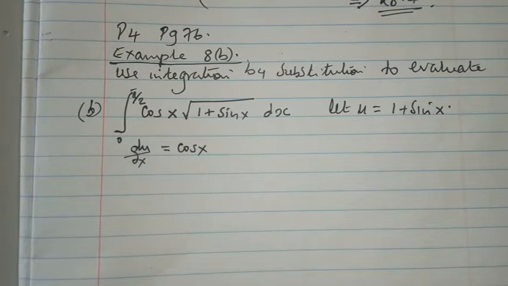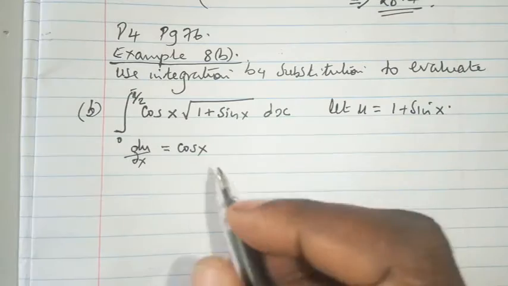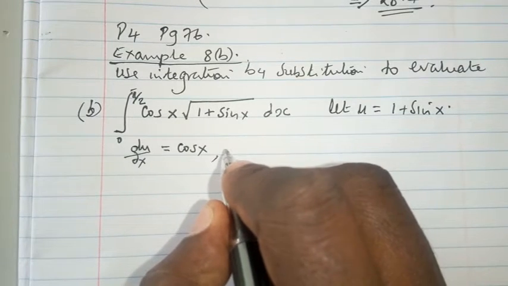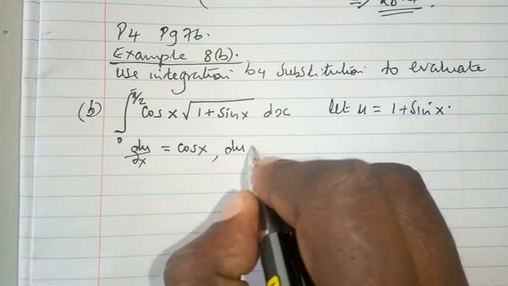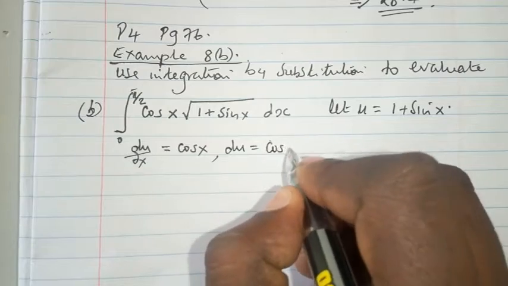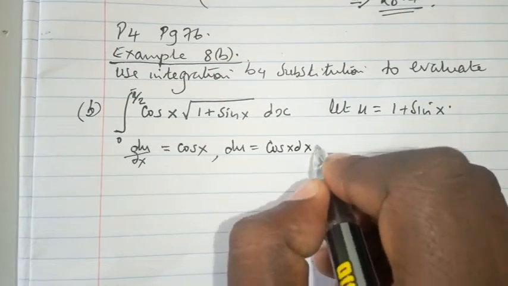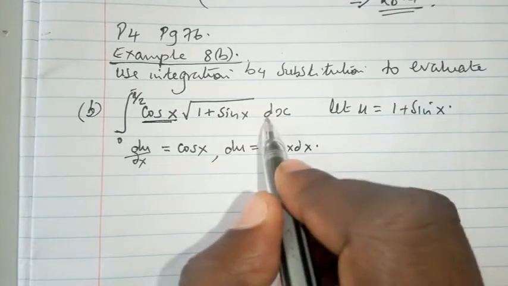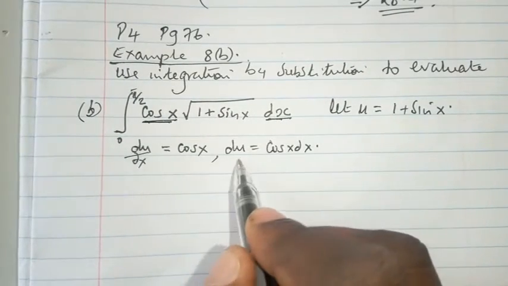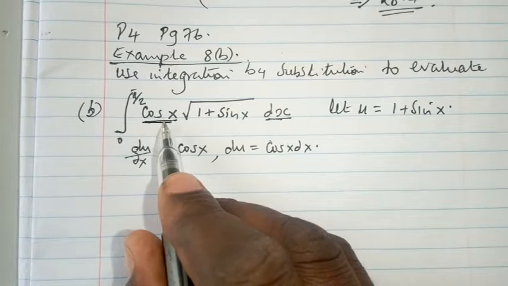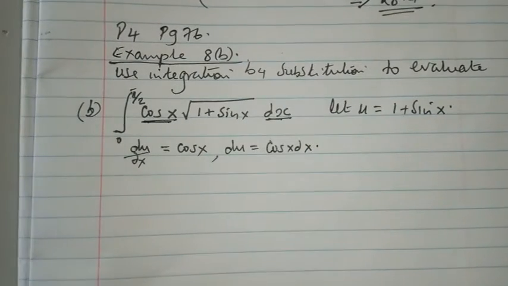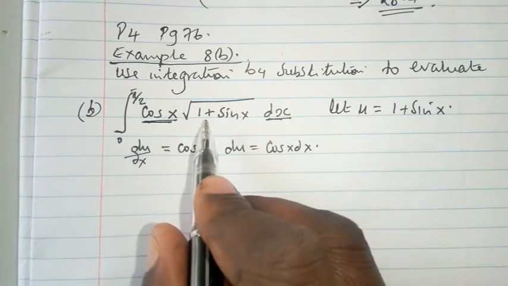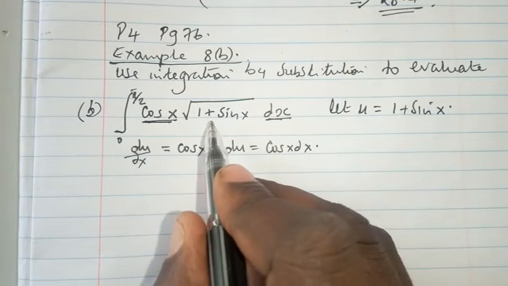So du is equal to the cosine of x dx. You can already see that the whole of this part, cos x dx, is going to be du.